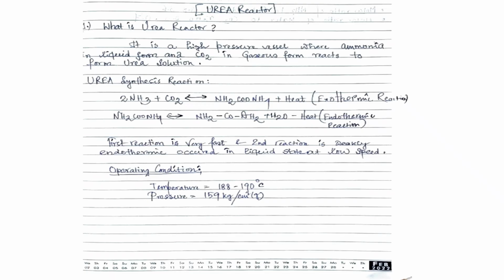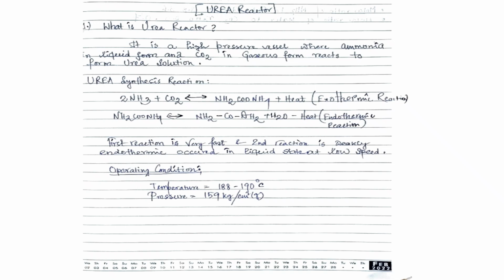So both ammonia and CO2 react, and once they react at high pressure and high temperature, carbonate forms. This carbonate is very unstable. It can't sustain. The carbonate that is formed firstly is an exothermic reaction.